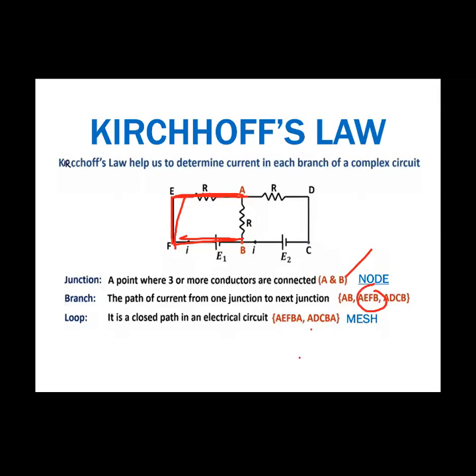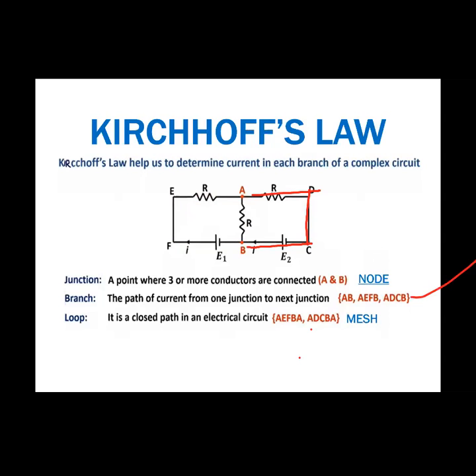Similarly, we have one more path which is going to connect one junction to another, and that is ADCB. This is also one path which is connecting junction A to junction B. So that is your branch, right, children?